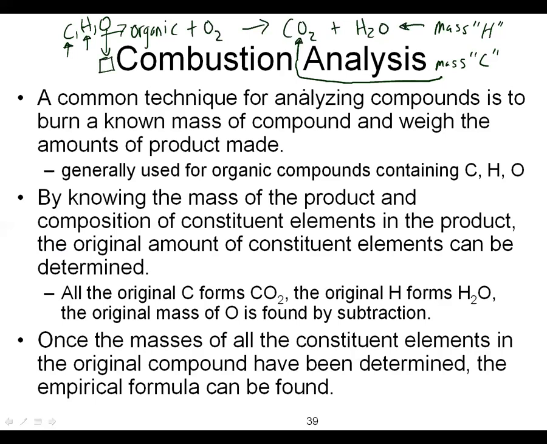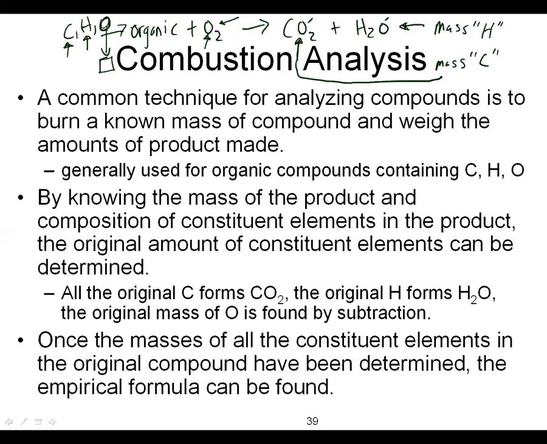That is because in addition to our organic compound that's going through this reaction, we are adding oxygen as part of the reaction. So some of the oxygen that ends up over here on our product side came from this oxygen here. And if we're doing the empirical formula, we're really interested in the oxygen that's right here.